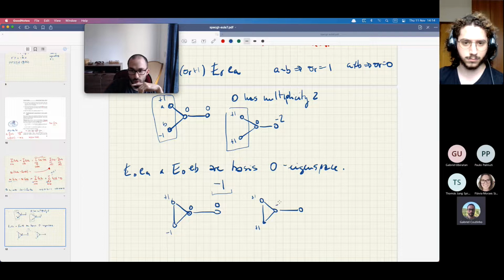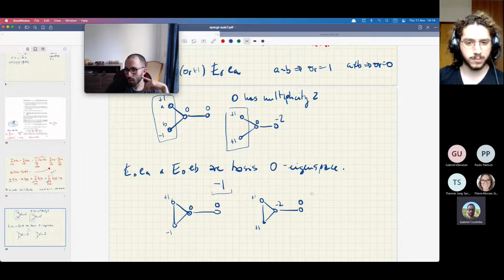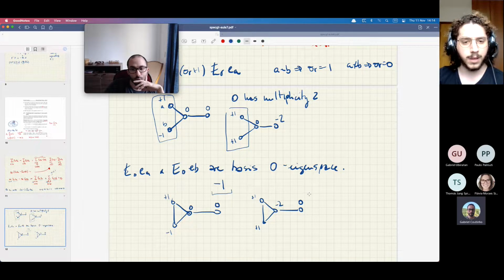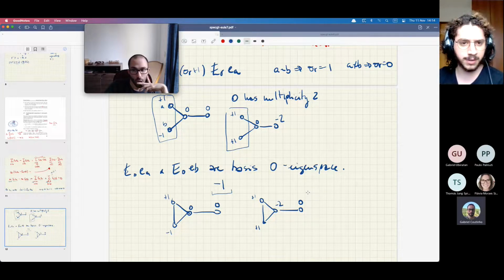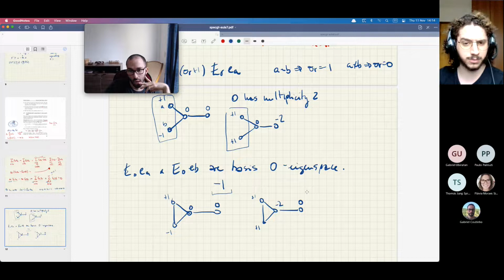So I want the sum of the neighbors to be minus 1 times what is in there. Looks good? I guess that in this case, minus 1 does not have multiplicity 2. It does. It just created 2 eigenvectors.